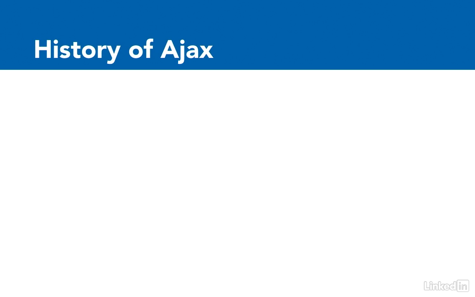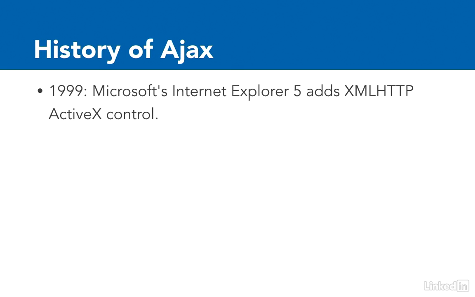Starting back in 1996, Microsoft and Mozilla, makers of Netscape and Firefox, began experimenting with asynchronous loading of content in web browsers. Asynchronous meaning that the content doesn't all load at the same time. In 1999, Microsoft Internet Explorer 5 added something called the XMLHTTP ActiveX control, and this was really the first time that we were able to load asynchronous content.